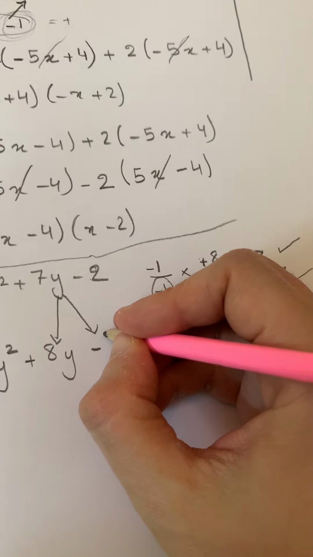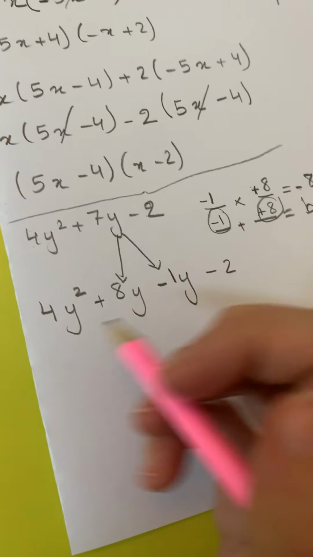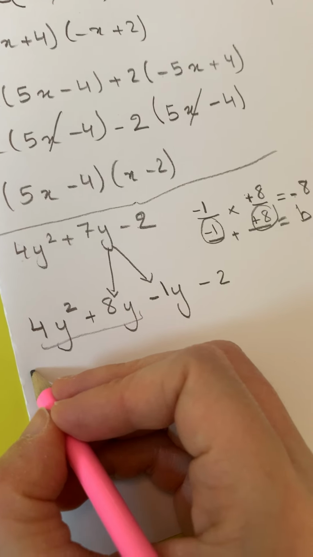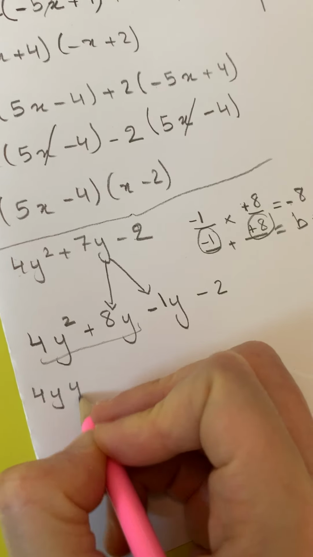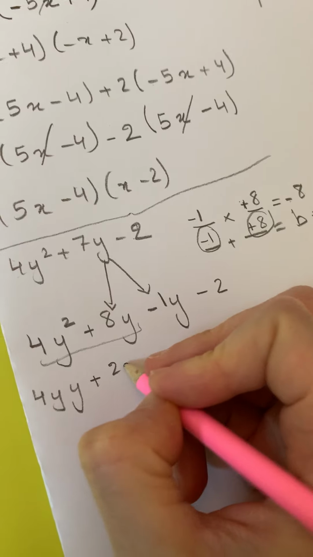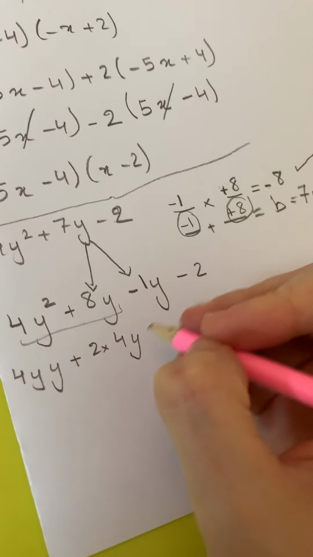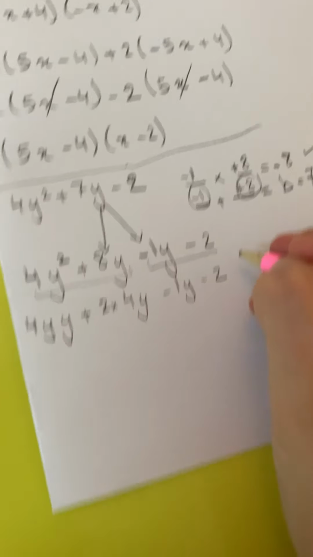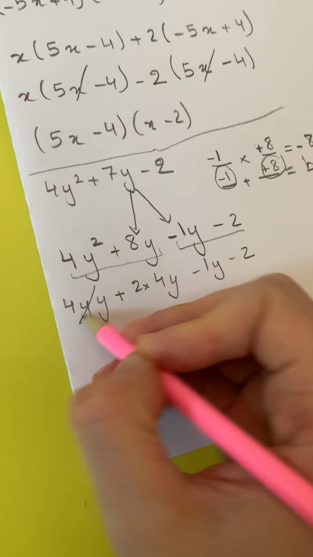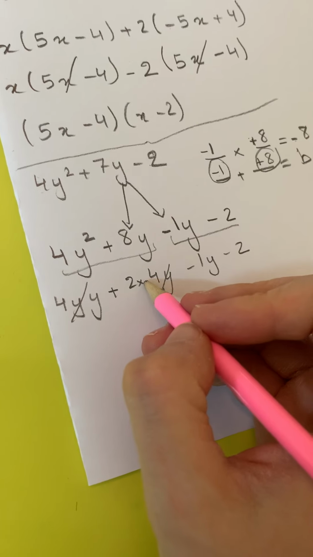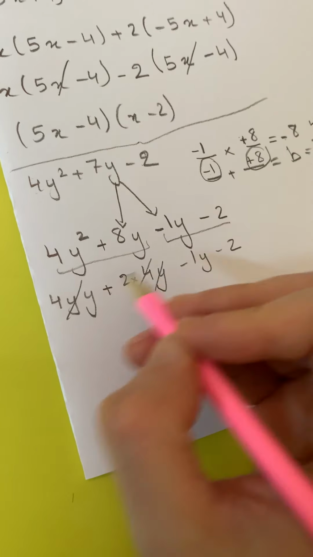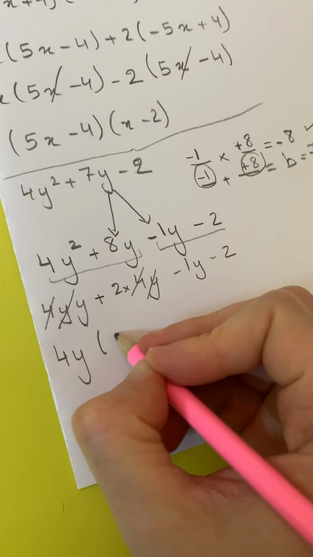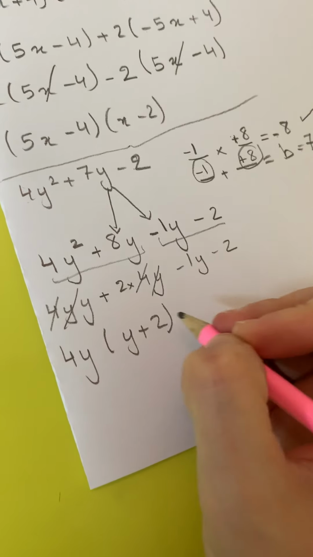It's like minus 1y. So here, let's factorize this. It's 4y plus 2 times 4y. And this one you cannot do anything about it, so keep it the same. Let's take the common, which is y and y, and 4. So it's 4y, and inside it's y plus 2.